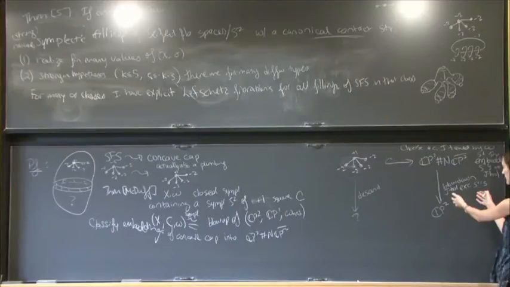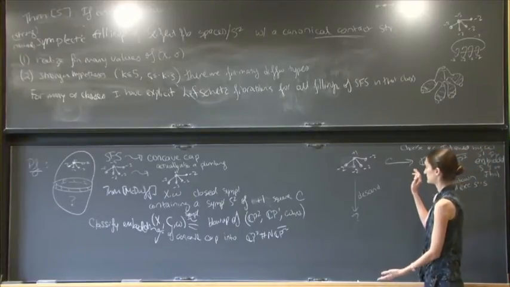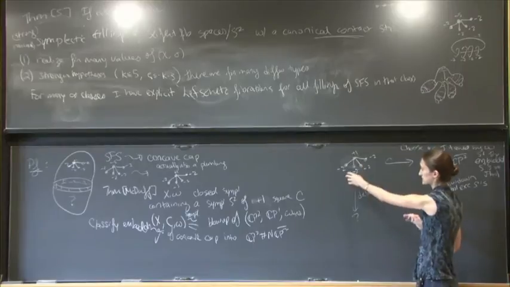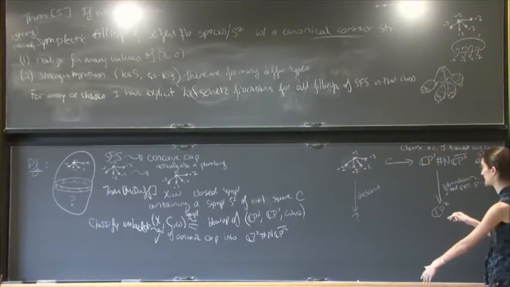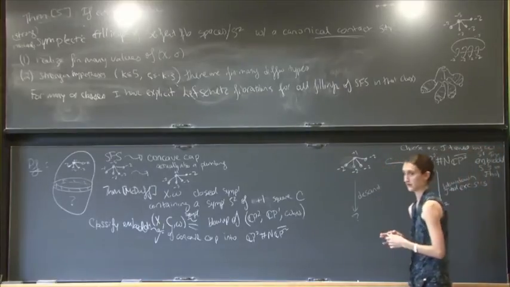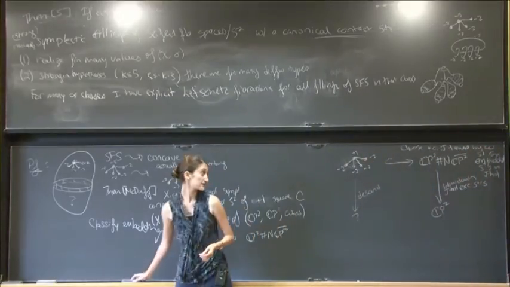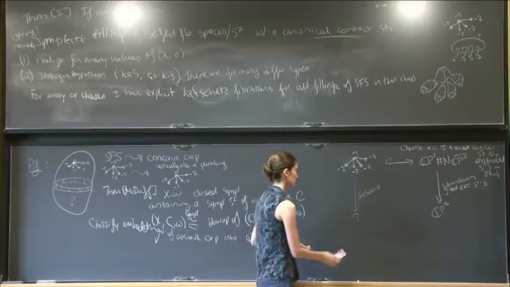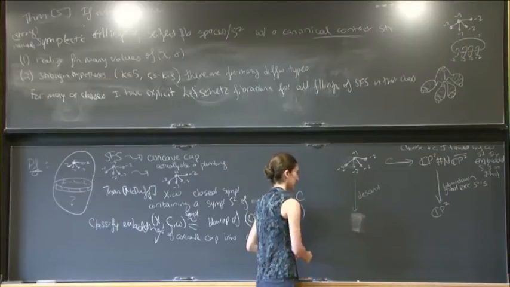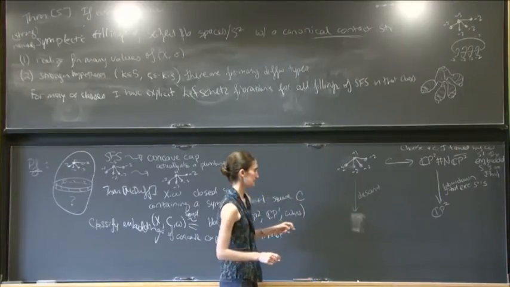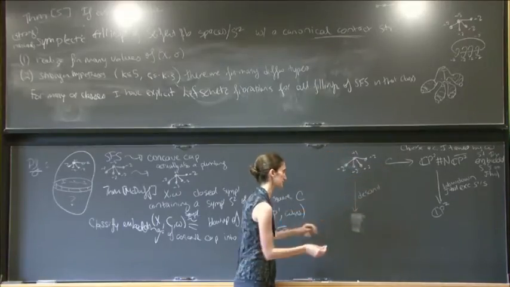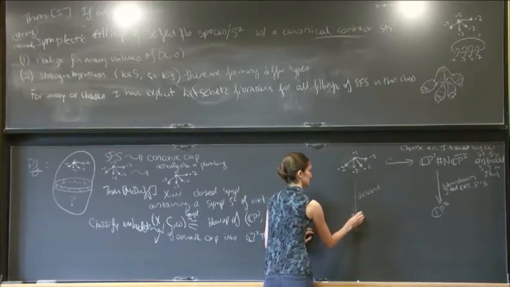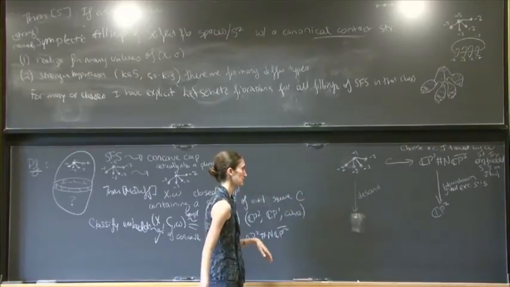So as you blow down, you just have to figure out the algebraic homological data to understand how those blowdowns are affecting these spheres. What it turns out in the end is that this CP1 is algebraically disjoint from the exceptional spheres, so it's really unchanged by all of these blowdowns.